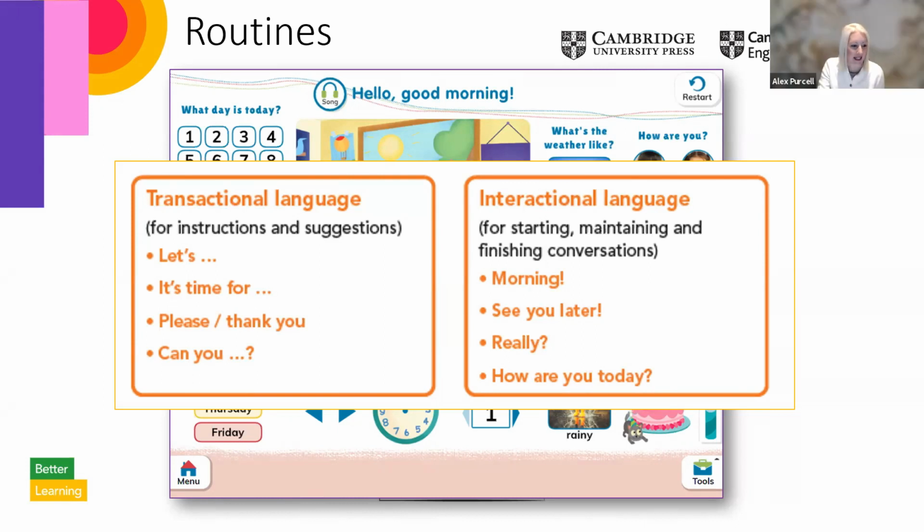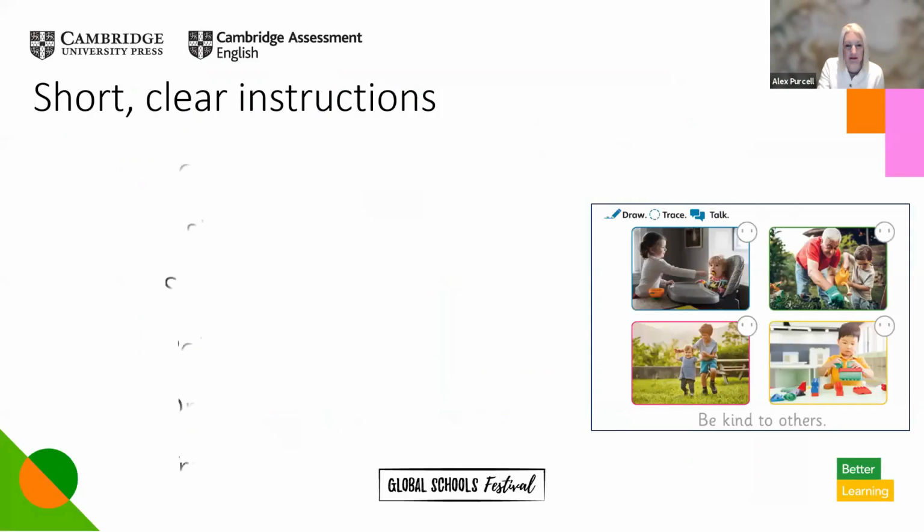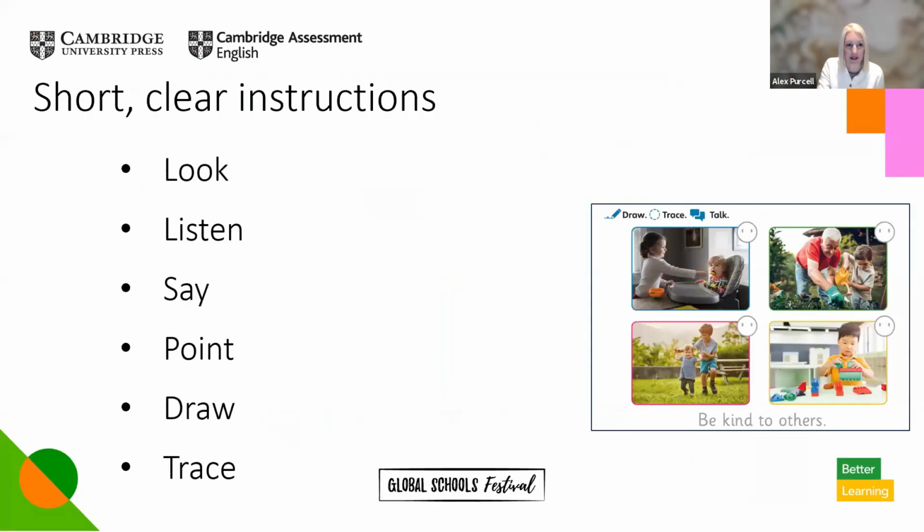Exactly. And I think something I'm sure many of you are familiar with, which you'll have seen in lots of different course materials, something which is really important is that the instructions that we give when we're setting up a task, especially with very young learners, is to make sure that the instructions are short and clear.